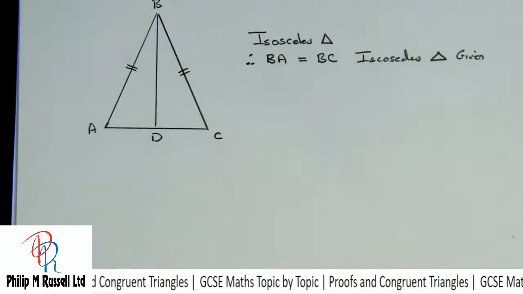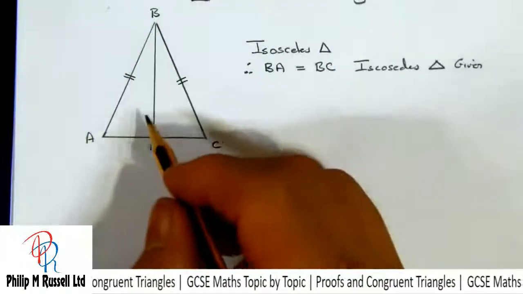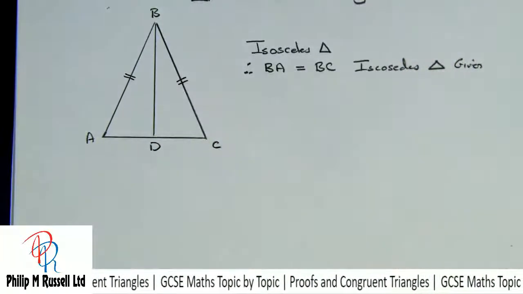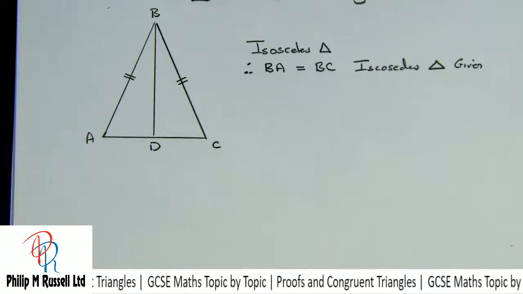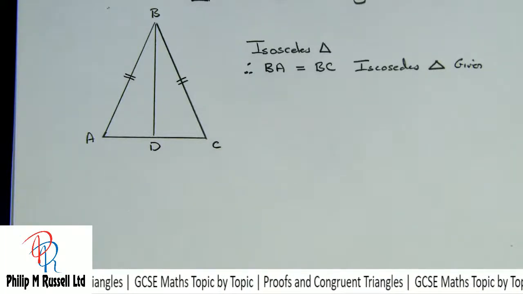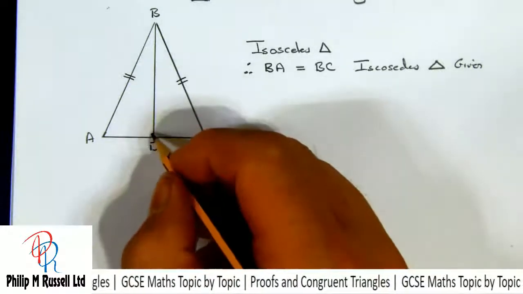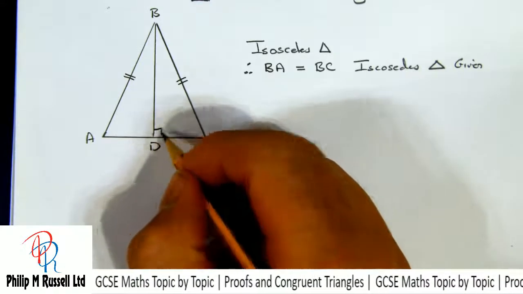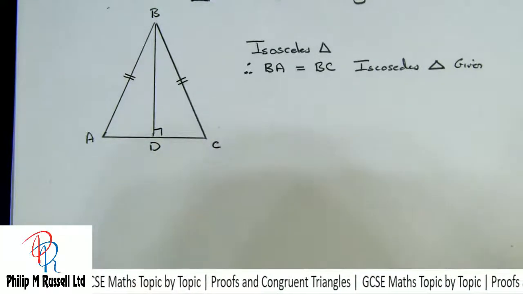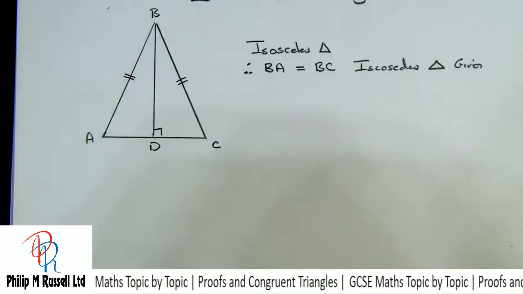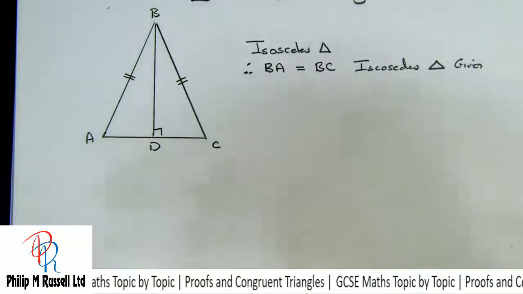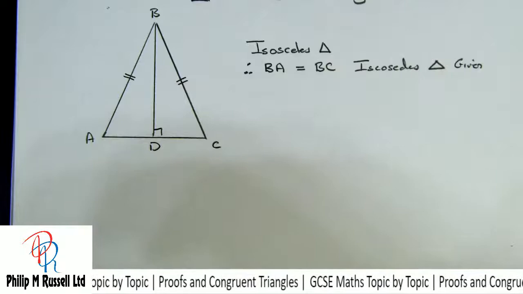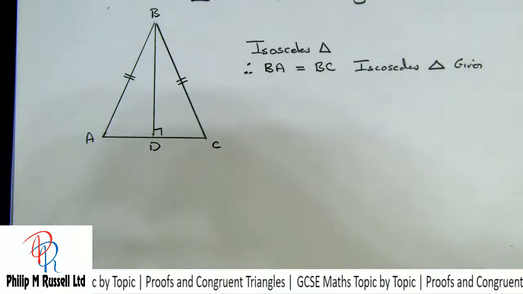Let's see what else we know. We can work out a variety of other bits and pieces. We can work out this angle. What can we say about this angle? Well, we know it's 90 degrees, but we may need to try and prove that. So, what else do I know?